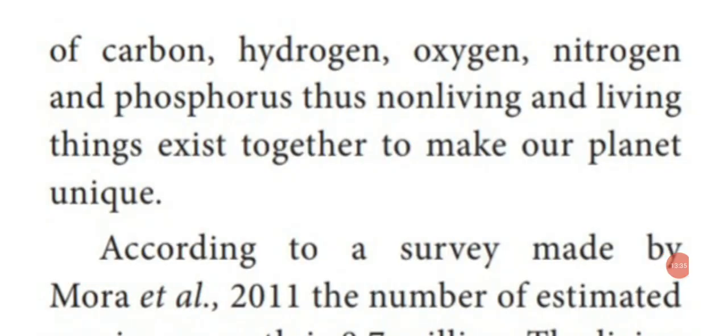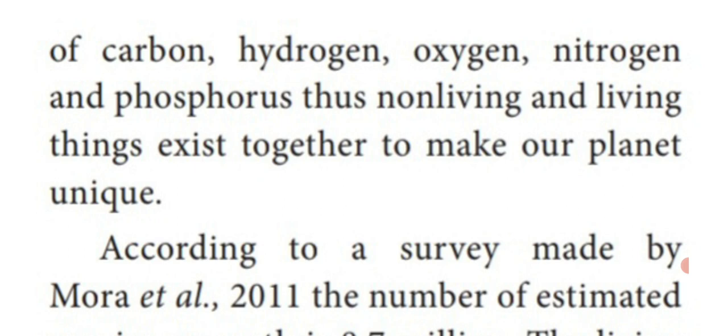Dear students, in the environment, not only living things are present, another one is also present, that is abiotic factors or non-living things. These things are also required for the growth and development of plants and animals.